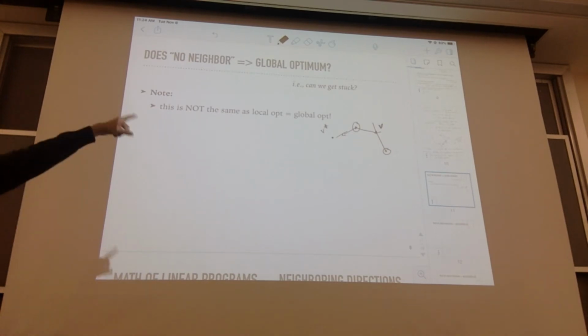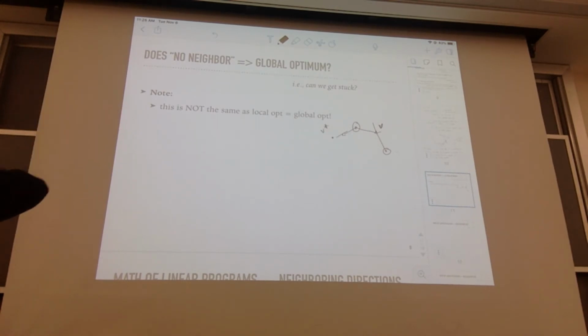The neighbors had larger cost than V, which is why you concluded that V was a local minimum, but V star had a lower cost. So in principle, this kind of thing could happen, and we've got to rule that out.